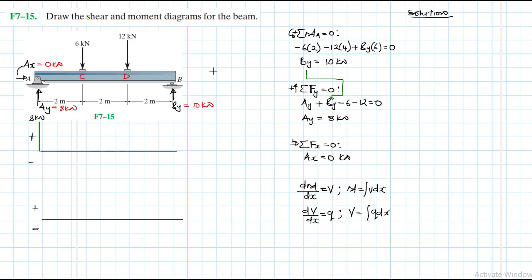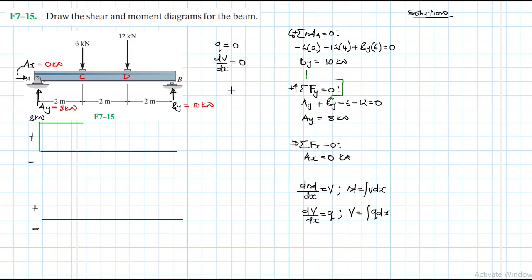From A to C, q there is equal to 0. Therefore, the slope of our shear diagram is also just going to be equal to 0, and hence just a straight line with zero slope up to C. When we arrive at C, we have a point load which has magnitude of 6 and is negative.